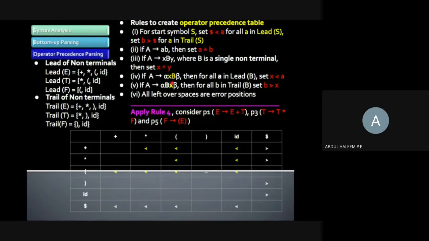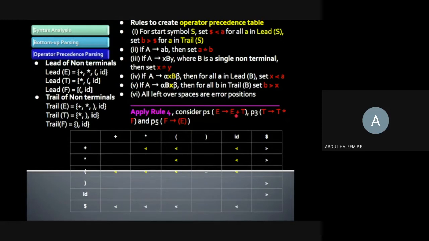Now what is rule number 4? We have seen that when X is followed by a non-terminal, then the precedence level of X will be less than lead of B. Take P1 first.